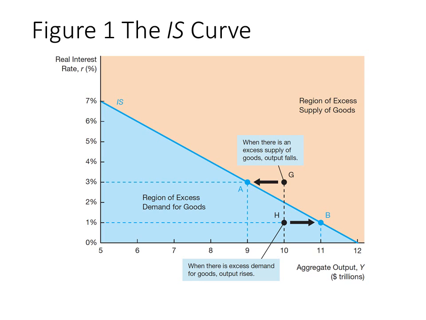For example, at point G in the orange shaded area, an excess supply of goods exists, and firms will cut production, decreasing aggregate output to the equilibrium at point A. At point H in the blue shaded area, an excess demand for goods exists, so firms will increase production and aggregate output will increase toward the equilibrium at point B.